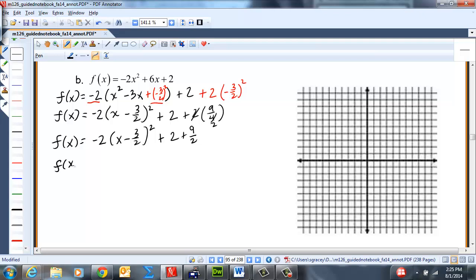So f of x will be equal to negative 2 times x minus 3/2, the quantity squared. And then if we get a common denominator, that'll give us 4/2. So at the end of the day, we'll have plus 13/2.